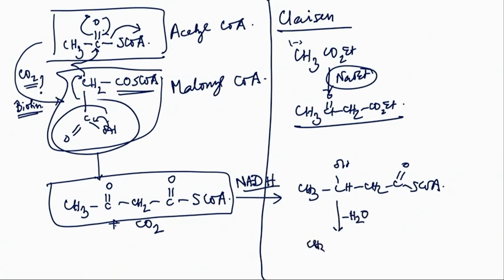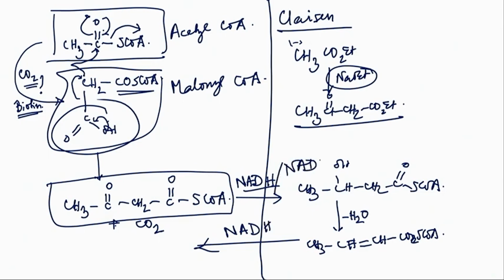That will form CH3 CH double bond CH CO SCoA. And then you get another reduction, it could be NADH or NADPH, and you will get the saturation of the double bond.